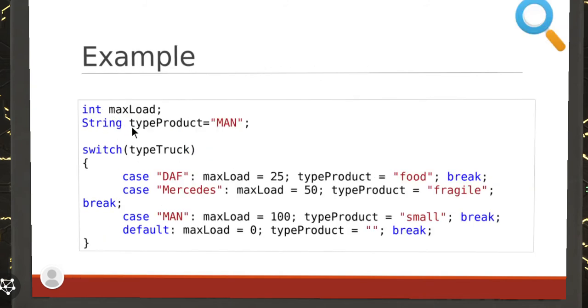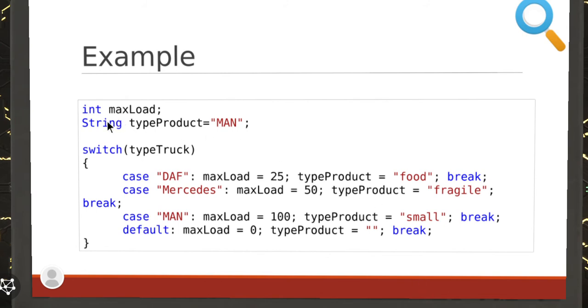An example: we have here two variables, and we are evaluating the variable type truck. Well, this should be type truck, not type product. Probably my mistake, but let's imagine those two are the same name. We have that variable with the value man. So the first case, is it dof? If it's dof, then do those and then break out.